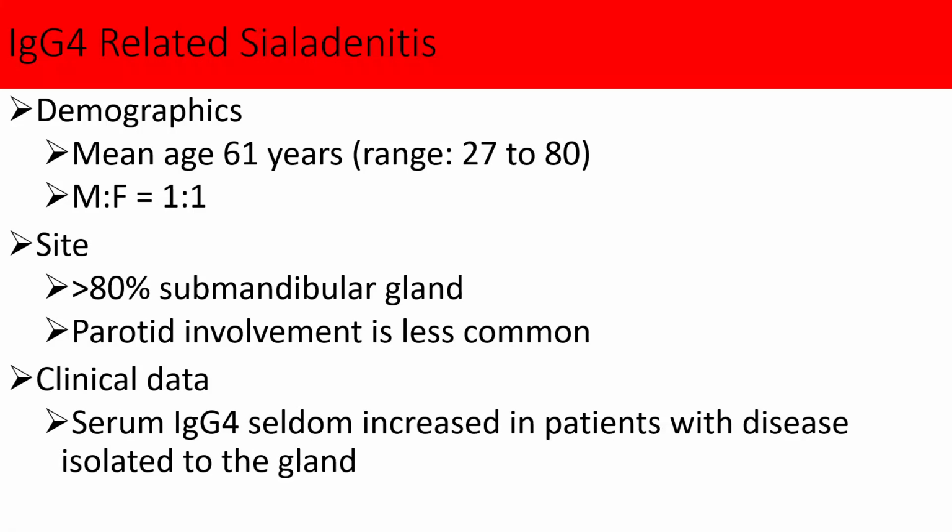Another thing to remember is that often people will tell you, and this is a misconception, that all patients with IgG4-related disease have an elevated serum IgG4. That is not true. The sensitivity of the assay, that is serum IgG4, is only about 70%. More importantly, particularly with IgG4-related sialadenitis, the disease is often confined, at least initially, to the submandibular salivary glands.